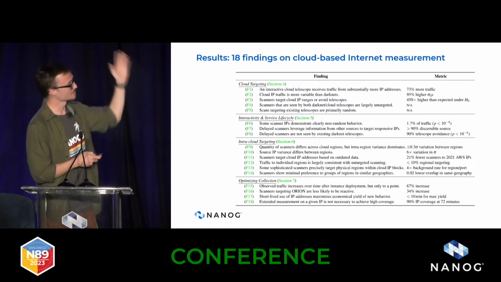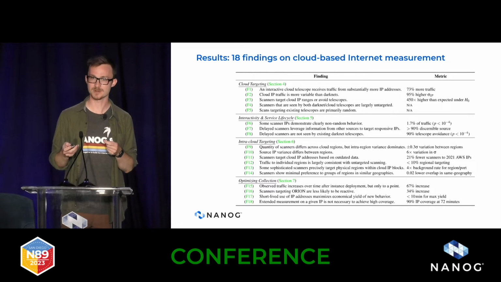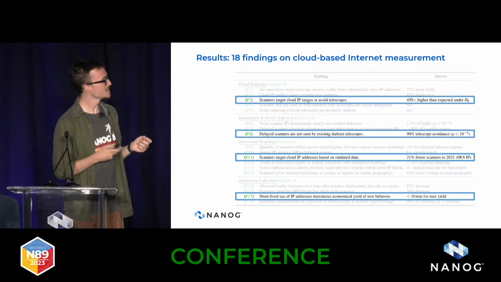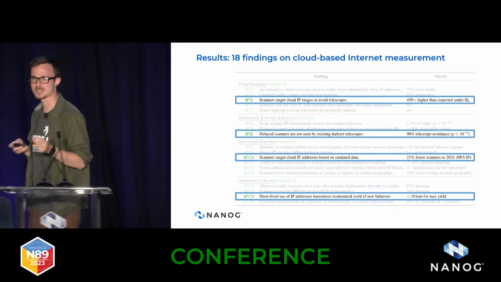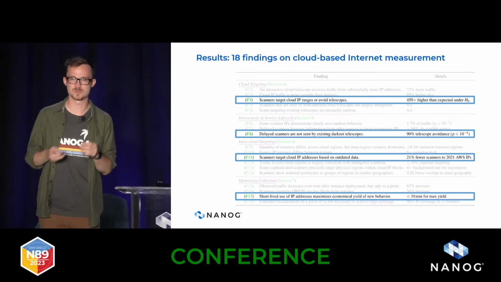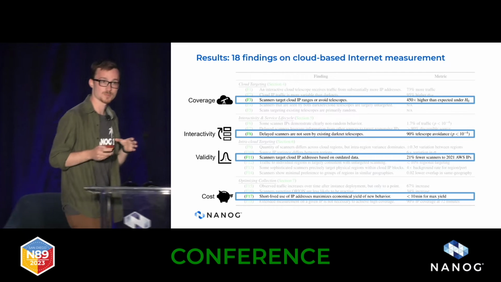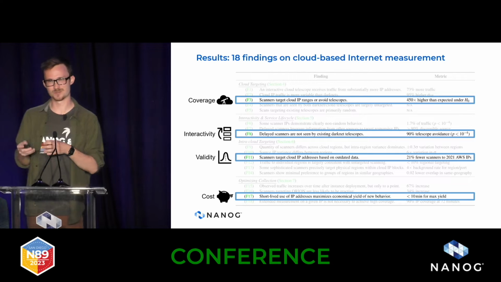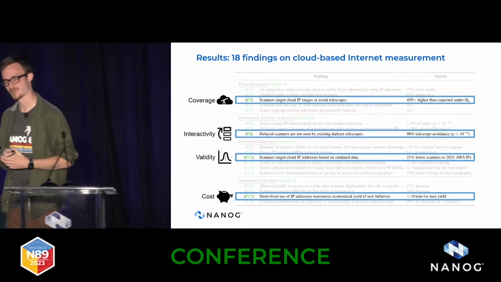We came to a wide variety of findings about how these two targets differ, as well as how we deploy effective internet telescopes. Today, I want to focus on 4 of these findings that highlight specific ways where cloud internet phenomena and telescopes differ from conventional approaches. These span the ways that our footprint and interactivity impact coverage, as well as how we can achieve statistical validity in this sort of cloud-sampled data set, and how we achieve that price performance.